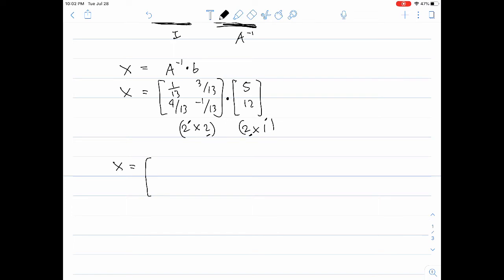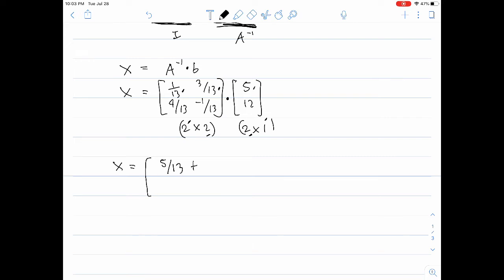So, gamit tong natunan nato sa previous na lecture, katong multiplication of two matrices, di ba, always row multiplied by column. So, itong buhaton natong multiply then add. So, 1 over 13 times 5 is 5 over 13.